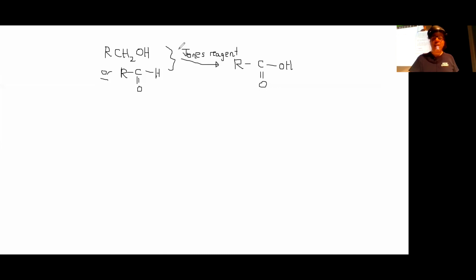But any really powerful oxidizing agent, generally involving chromium or manganese in a really high oxidation state, will do that for us. And so the reason we're mentioning this is a way that we know how to make carboxylic acids. We can make it by oxidizing a primary alcohol or an aldehyde. And Jones reagent is just one of several reagents that will do that for us.